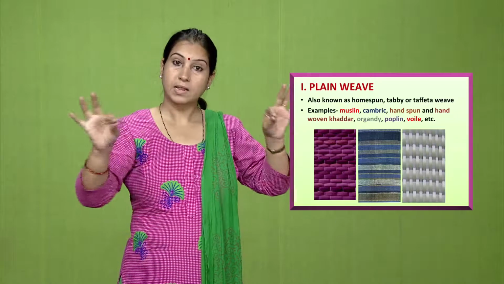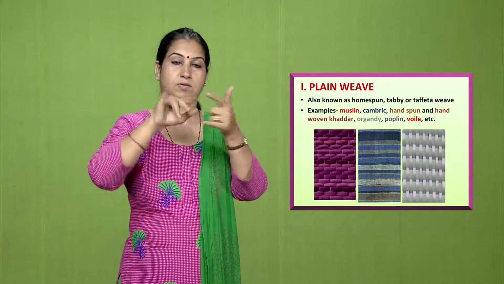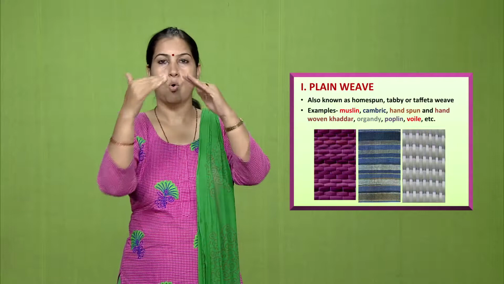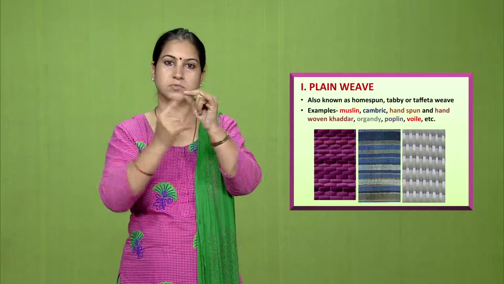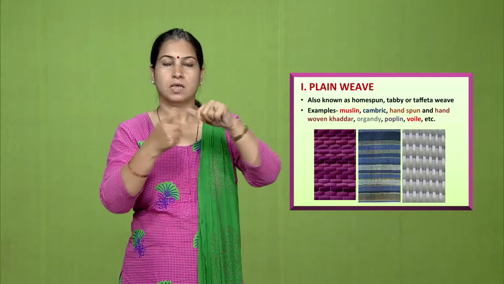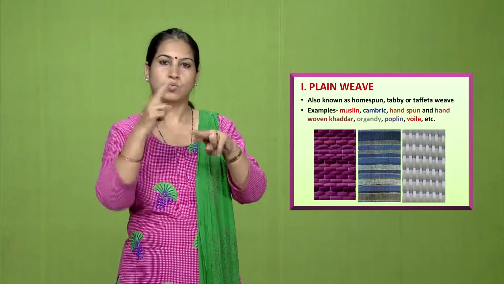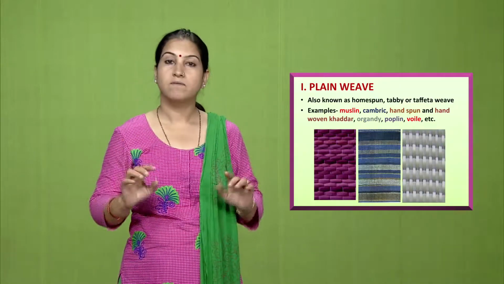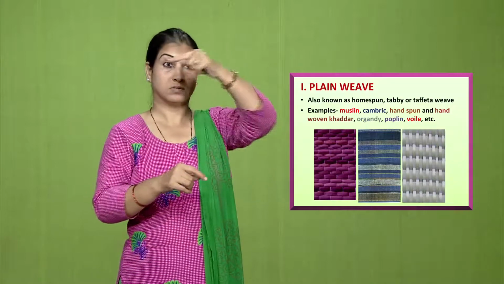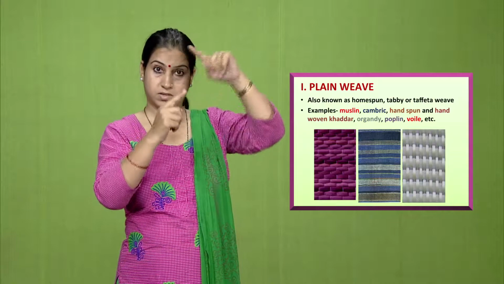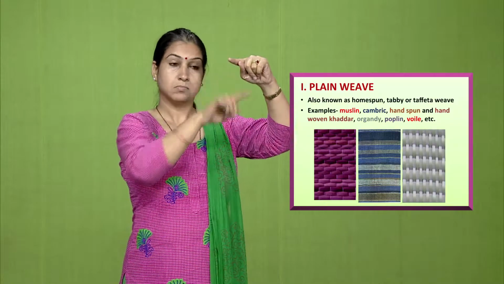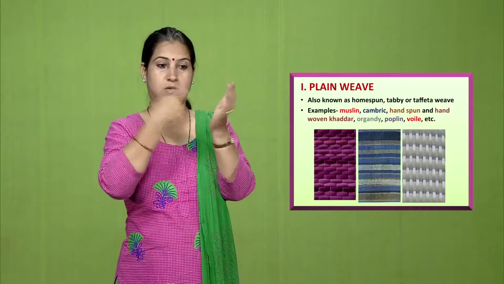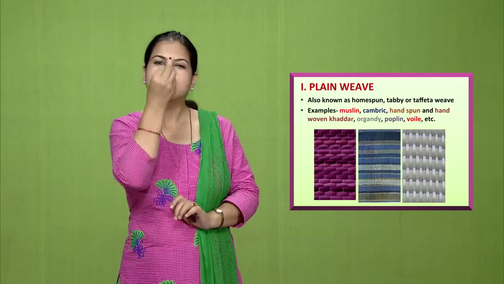Plain weave. Plain weave is also known as homespun, tabby, or taffeta weave. It is the easiest to weave, where one weft yarn alternately moves over one and under another warp yarn.